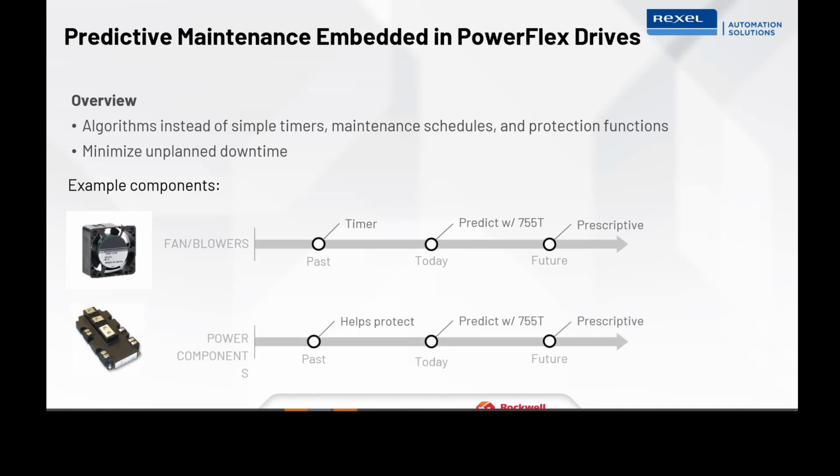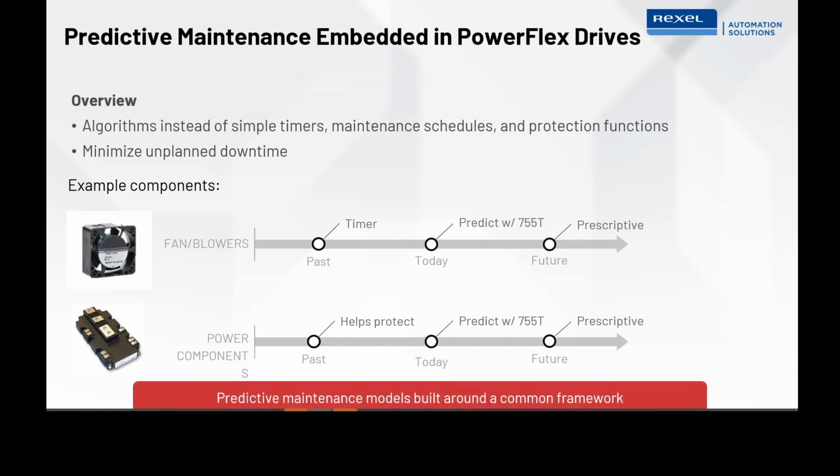So instead of relying on the past, when we had timers that we might have used to do something like this, now we have these advanced algorithms built into the PowerFlex 755 that allow it to become more predictable, to say, hey, this part's gonna die in 2 weeks.